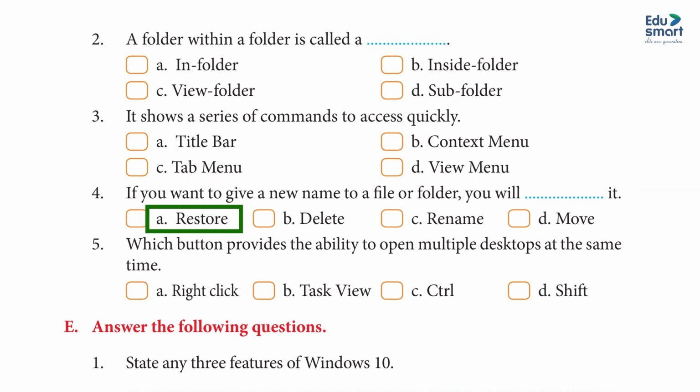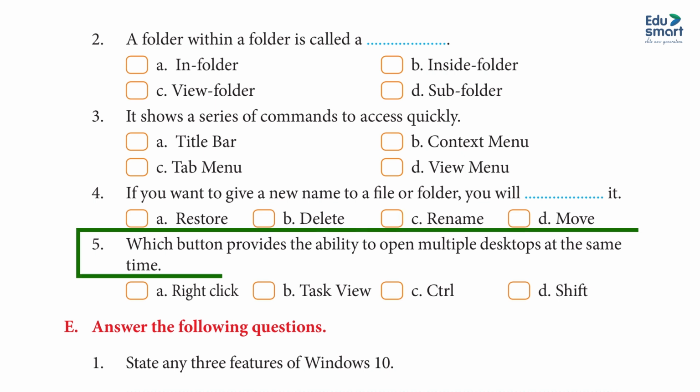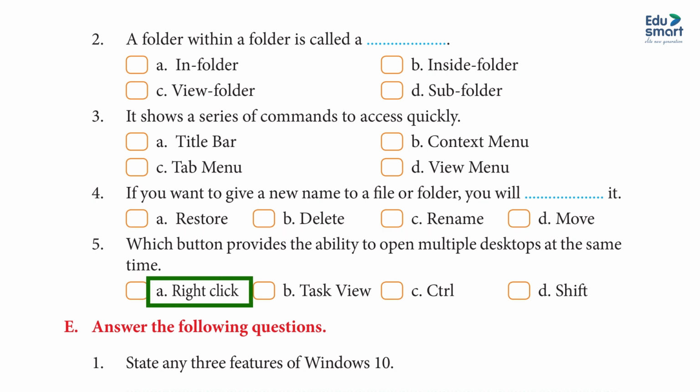A. Restore. B. Delete. C. Rename. D. Move. Answer: C. Rename. 5. Which button provides the ability to open multiple desktops at the same time? A. Right click. B. Task view. C. Control. D. Shift. Answer: B. Task view.